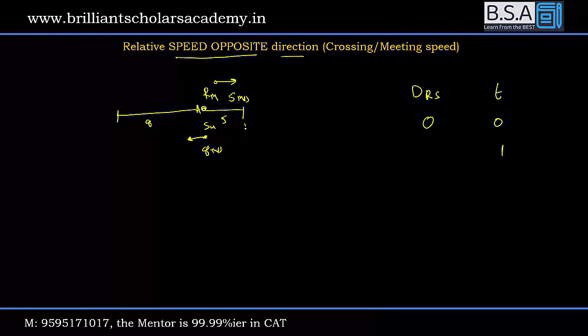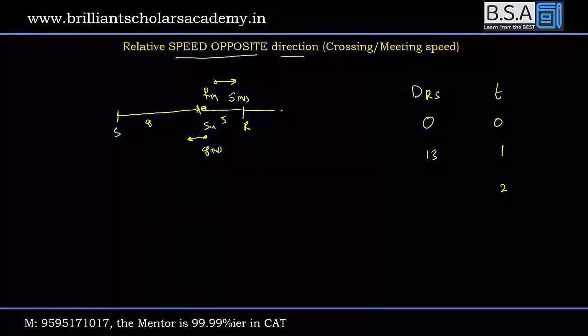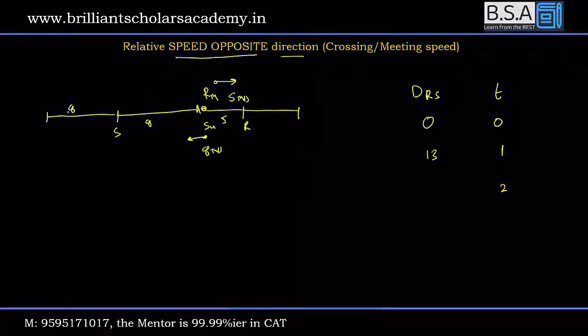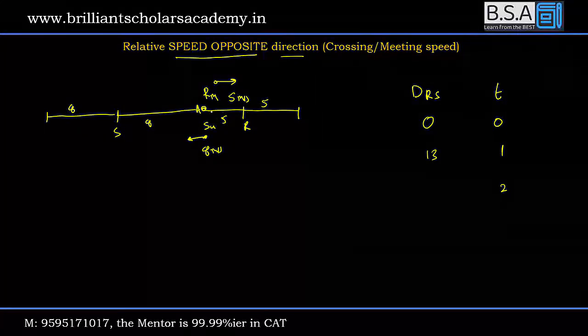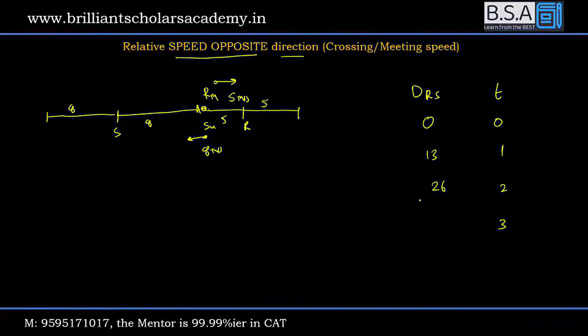The gap between them is 13. If I wait for a total of 2 seconds, 5 meters further, 8 meters further, the gap becomes 10 and 16, 26. If I wait for 3 seconds, you get the idea. 3 seconds further, you can visualize the gap is increasing. That is 39 meters.